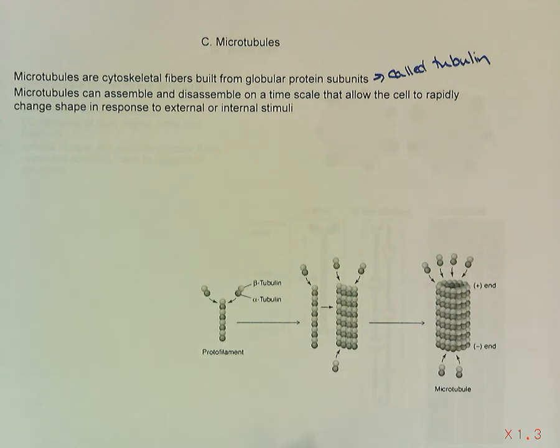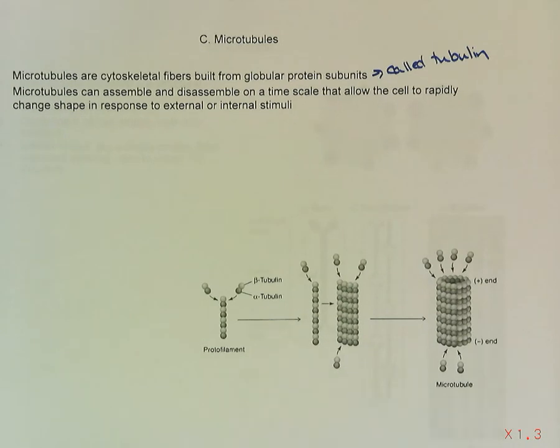These microtubules made of tubulin can assemble and disassemble to allow the cell to rapidly change shape in response to an outside or internal stimuli.